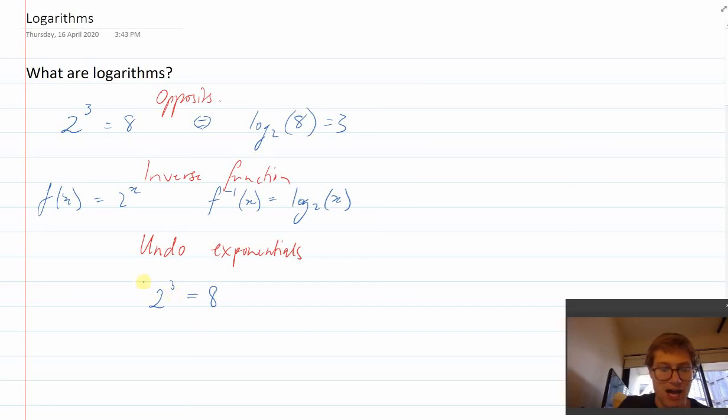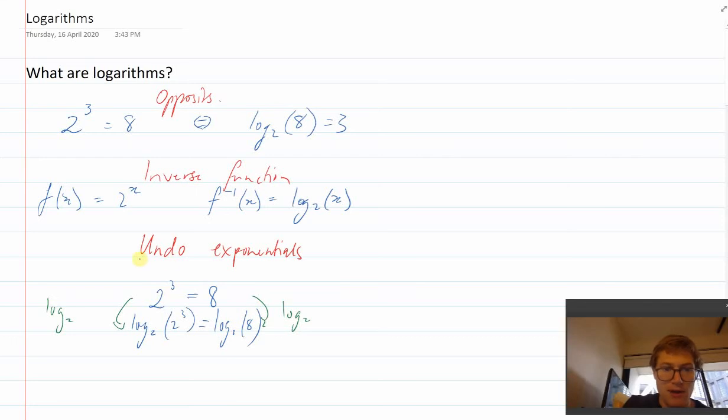Well, if you want to undo this, you can apply a logarithm to both sides. So what I'm doing to both sides is I'm going to be doing a logarithm with the base 2 to both sides. And what you get is, of course, logarithm with a base 2 of 2 to the power 3 equals logarithm with a base 2 of 8.